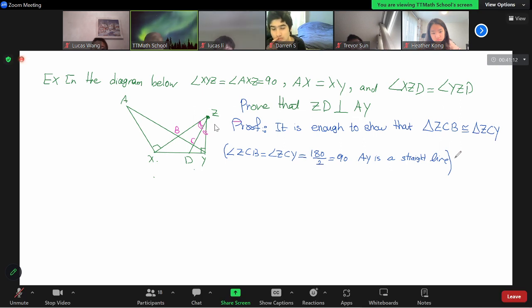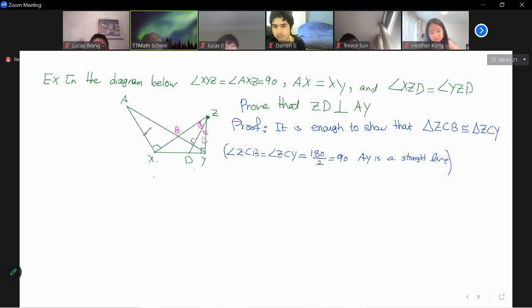So let's look at the information that is given to us, right? We know that AX is equal to XY, right? So AX is equal to XY. And then the angle XYA.